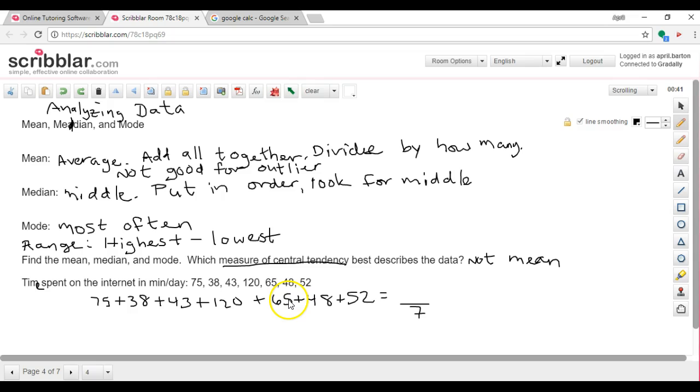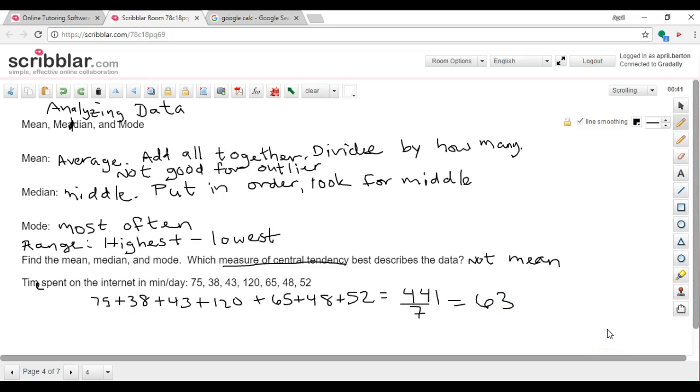We add all these together. I recommend plugging it into a calculator, because that's a lot to do by hand. I have already plugged it all in, and it's 441. Then we do the division. 441 divided by 7 is 63.